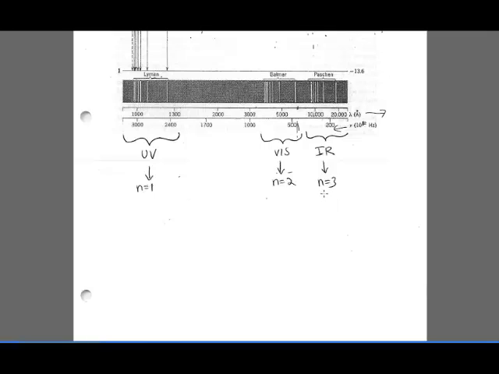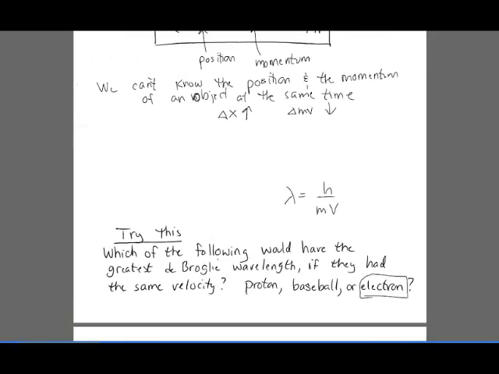They start at various n levels, but the Lyman series ends on n equals 1, so the different lines all start at different n levels and go down to n equals 1. The same here: they start on whatever level and end on n equals 2. So the different lines are for starting at different levels. That is the hydrogen spectrum.